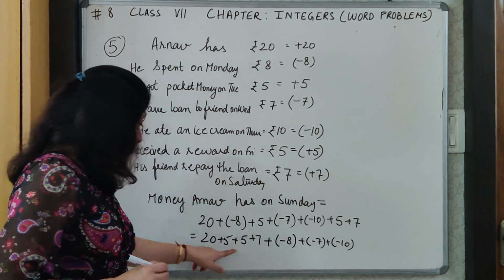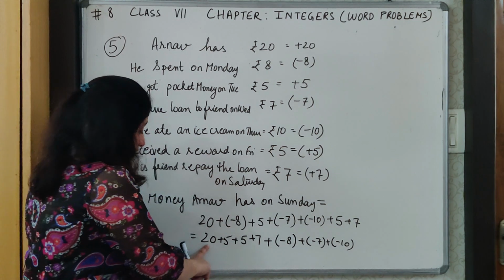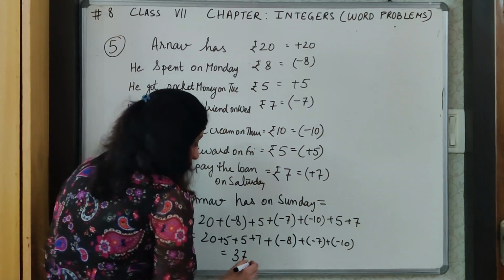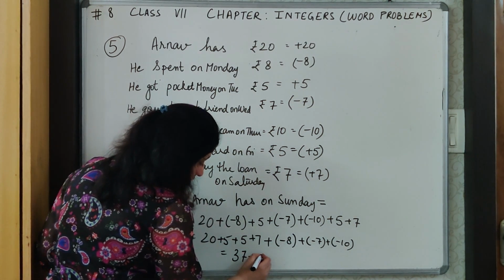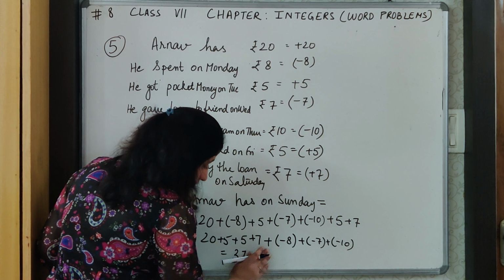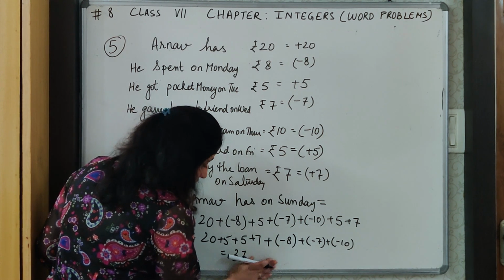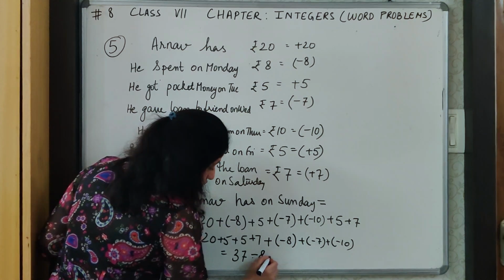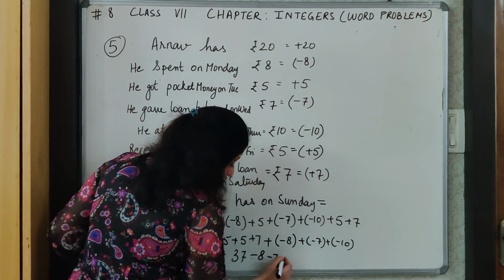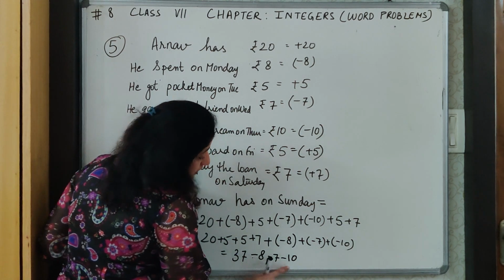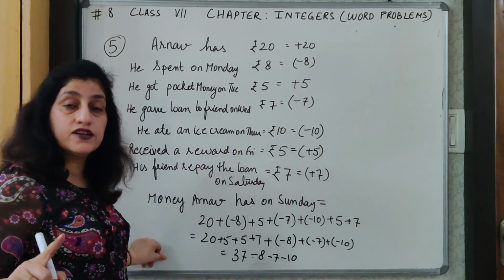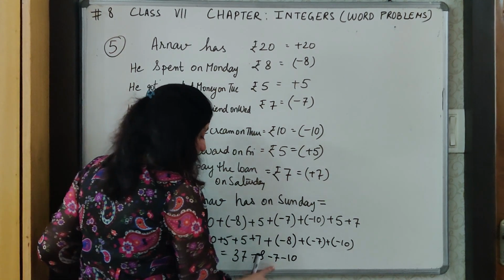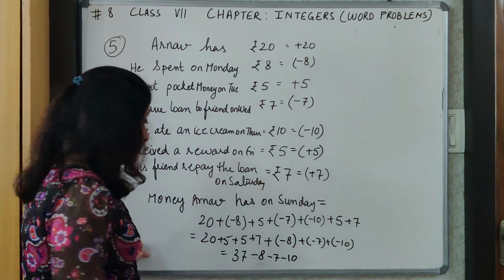Now we add all these three and we see this comes to 20, 25, 30, 37. 37 plus, here I have, or we can let this plus be, write minus 8 because plus into minus is minus, minus 7, minus 10. Now we will add all these three, but the sign will remain minus because they are all negative integers. So 8 and 7 is 15, 15 and 10 is 25.